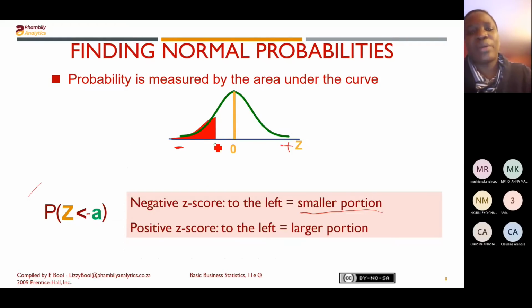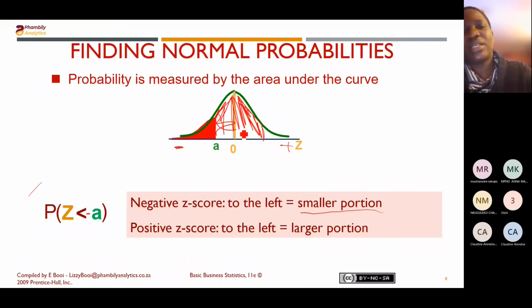If I'm looking for the probability of the non-shaded area, therefore it means I'm going to be looking at the positive, which is the non-shaded area, which will be the larger portion. If I'm looking only at this point, the less than a, I'm looking at the smaller portion. Okay. So what if I'm looking at the shaded area this side?